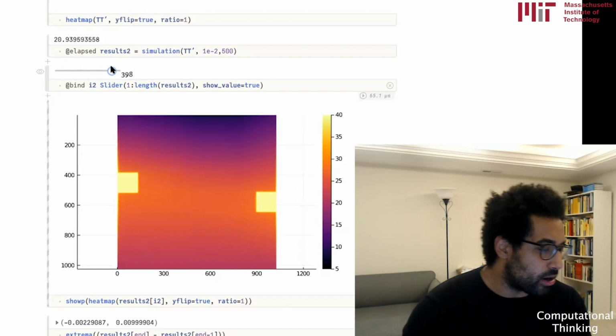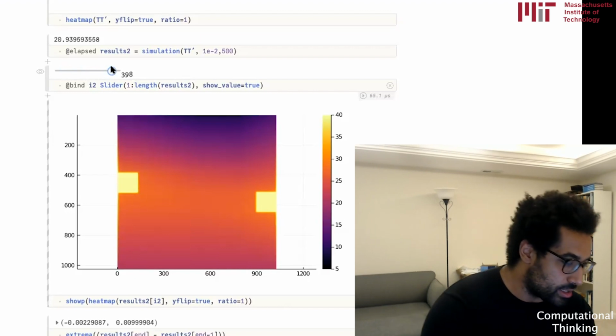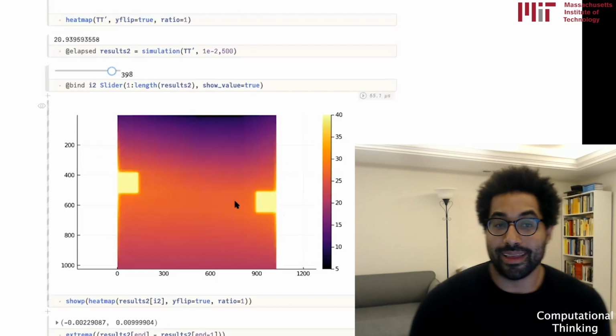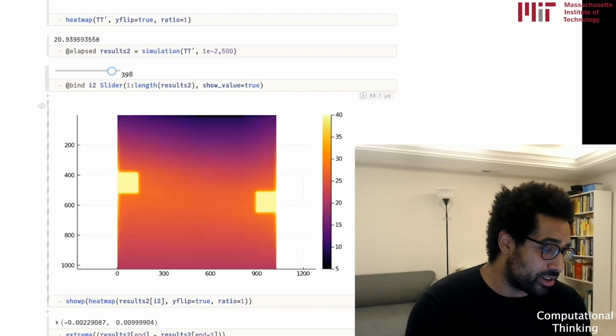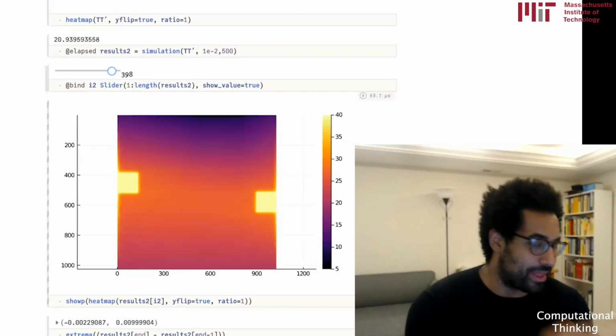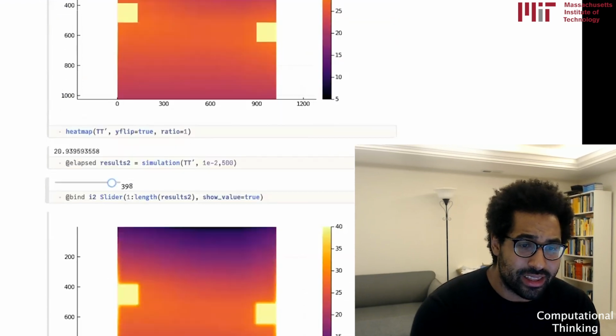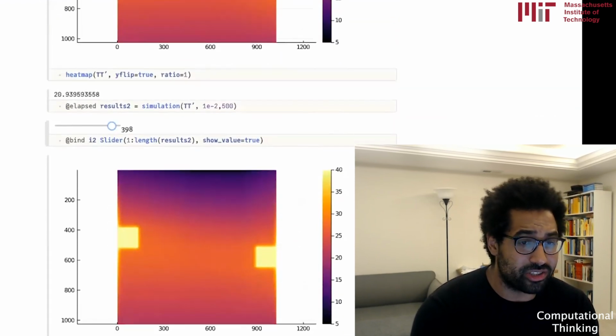You can see there are some differences. You can tell that around the edges and around the heaters, things have smoothed out some. But the picture after 400 iterations of Jacobi method and the original initial condition pretty much look the same.